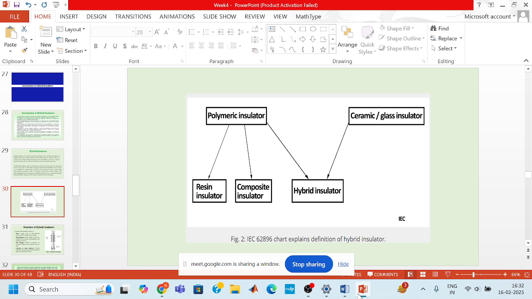Now this figure shows the IEC 62896 chart, which explains the definition of hybrid insulators, which take the properties of polymer insulators, which provide the electrical strength, and ceramic or glass insulators, which give the mechanical strength. This is an emerging insulator which is nowadays used for high voltage distribution networks.